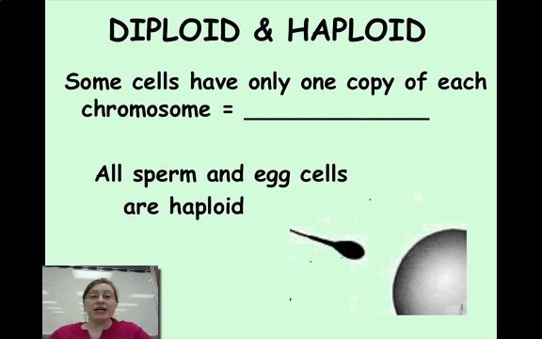Well, when we need to cut that number in half, then we have to make some choices here. Instead of wanting 2 of every chromosome, one from mom, one from dad, we're going to pick and choose to have only 1 copy of each chromosome. This is known as the haploid number or the 1N number. And in sexually reproducing organisms, our sex cells, like our sperm and our egg, are the only haploid cells in our body.